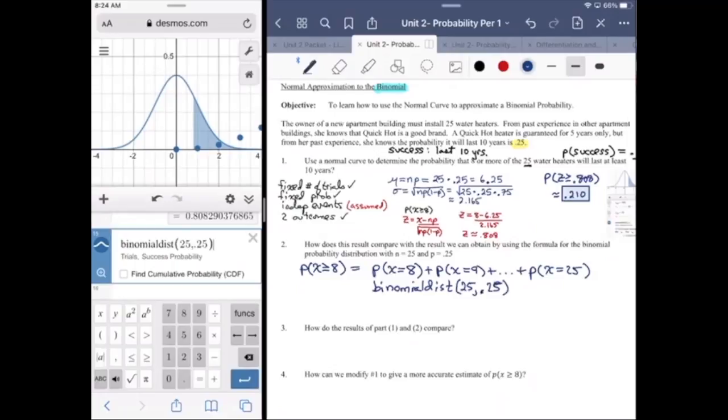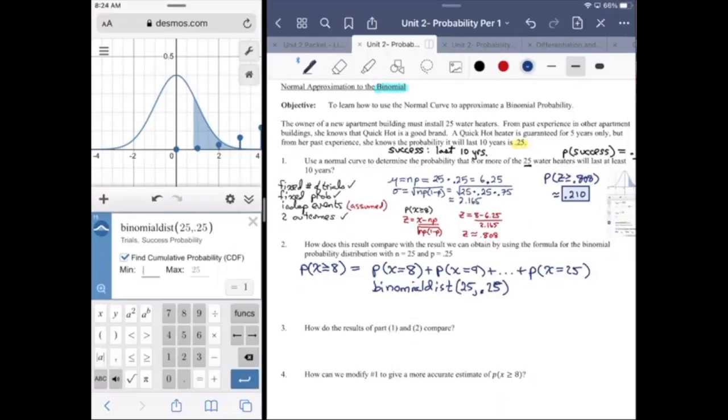The beauty of Desmos is it tells you that information. You check off find cumulative probability and put in the minimum value. You can create sliders if you want. Minimum value, maximum value: min 8, max 25. That gives us 0.273.